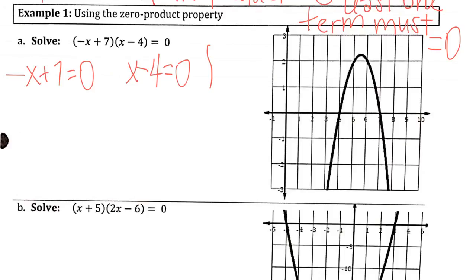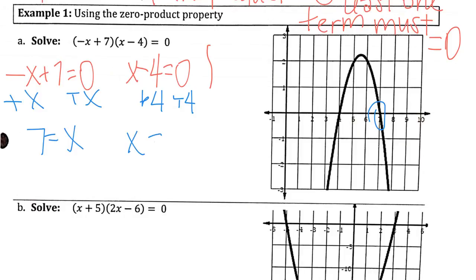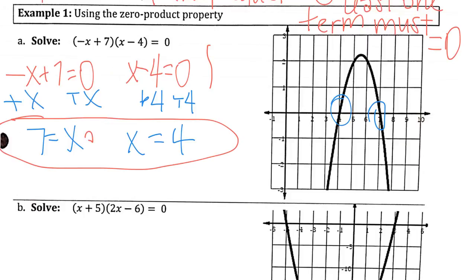So in the first term, if negative x plus 7 is equal to 0, to solve, I would add x to both sides. So I get 7 is equal to x. So that's my first one. And if we look over here at the graph where x is equal to 7, that checks out if we were solving by graphing. For the second term, we'd add 4 to both sides. So I'd get x is equal to 4. And again, checking out our graph, that is our 0 there. So our two correct solutions are x is equal to 7 and x is equal to 4.